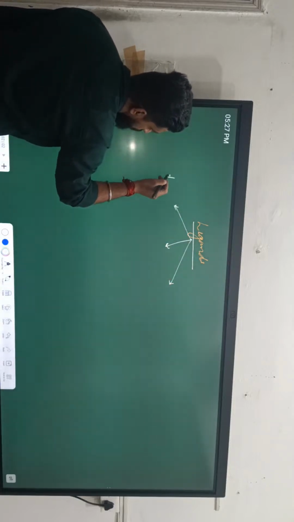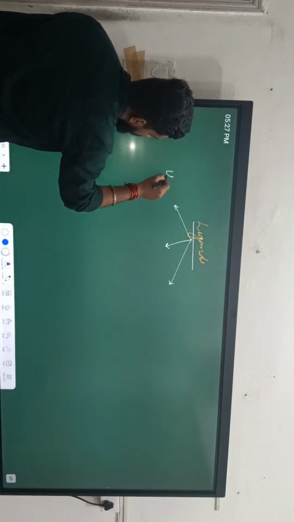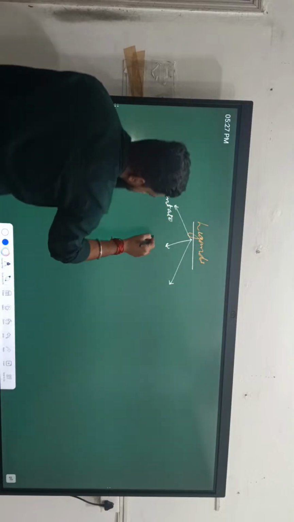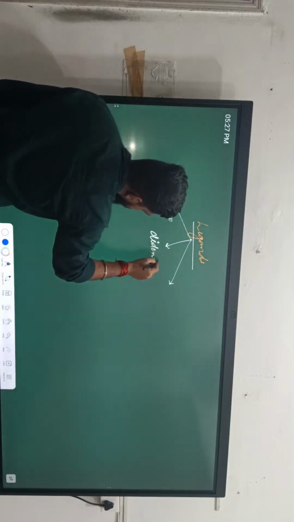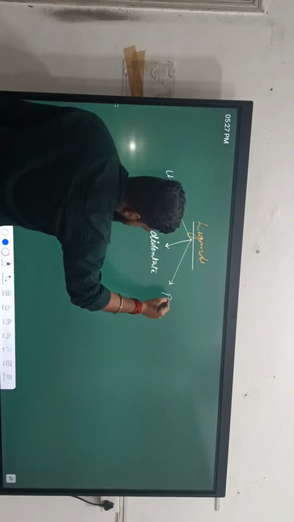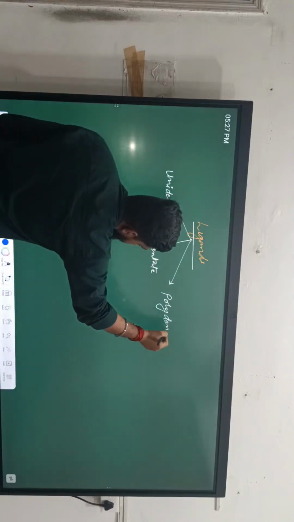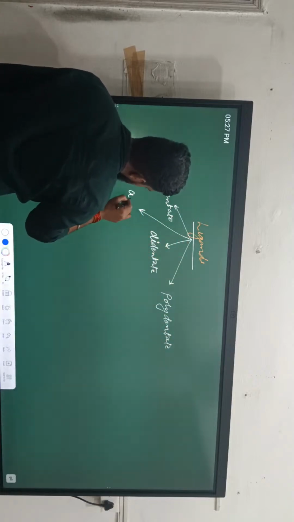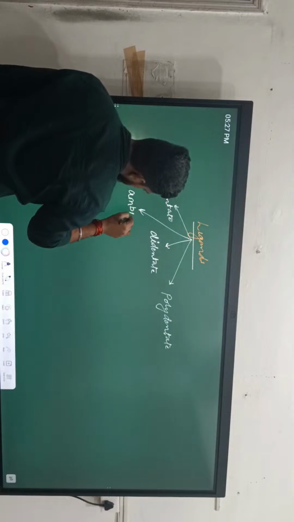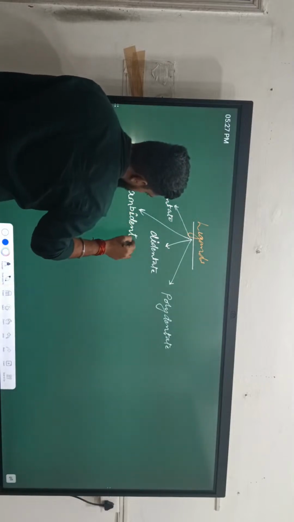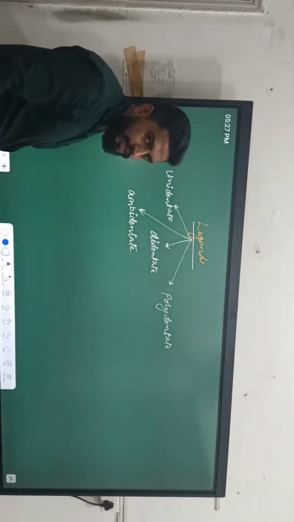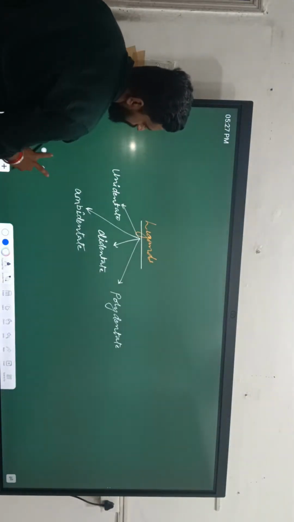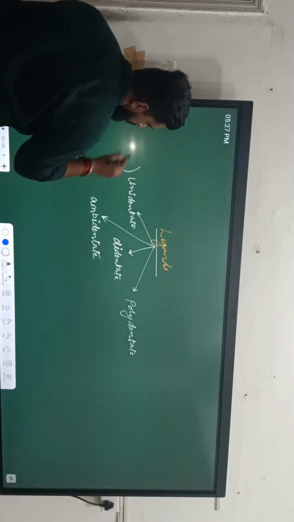First is unidentate, then didentate, then polydentate. One more classification is left, ambidentate. Clear? Now we'll learn about what these ligands are.